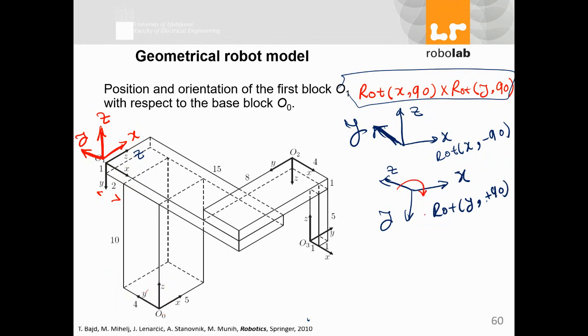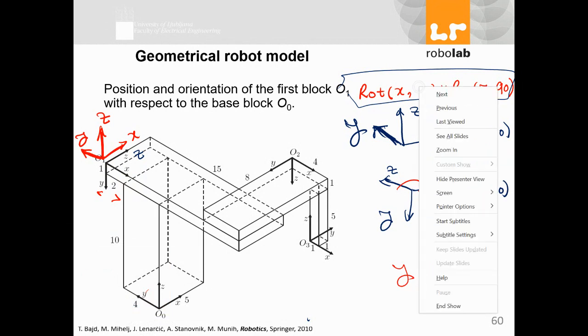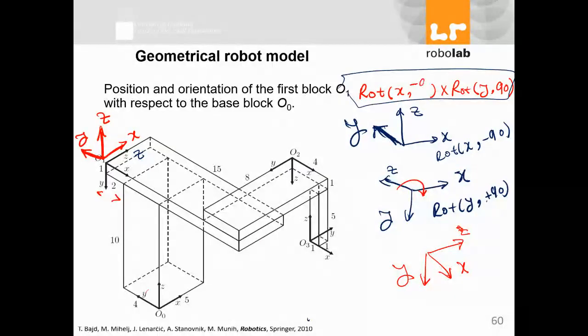So your Z will go here, your X will be here, your Y will go here. Right hand rule with 3 vectors in 3 dimensions is pretty tricky. I agree. So I have to correct this with negative 90. So that will work. Convert this system after rotation to that system.